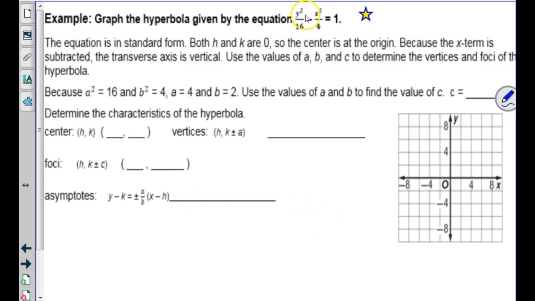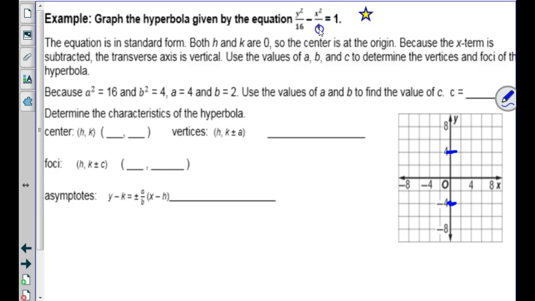You have this problem. Which way is this one going to open? Up. It's the example: y squared over 16 minus x squared over 4 equals 1. Find it? Yeah. So it goes up and down along the y, 4. It's still centered at 0, 0.